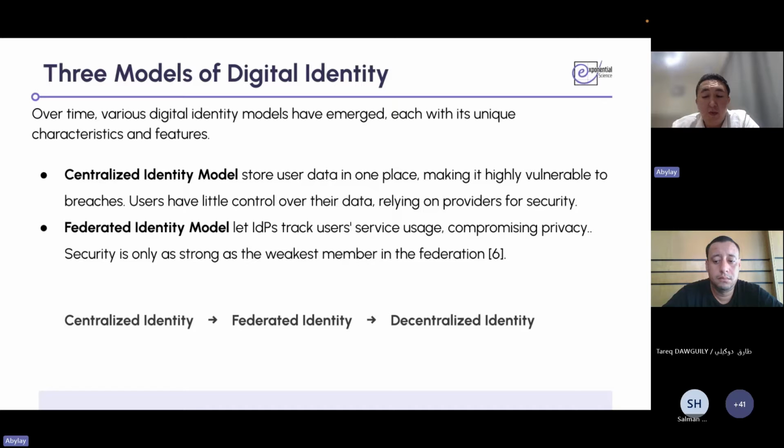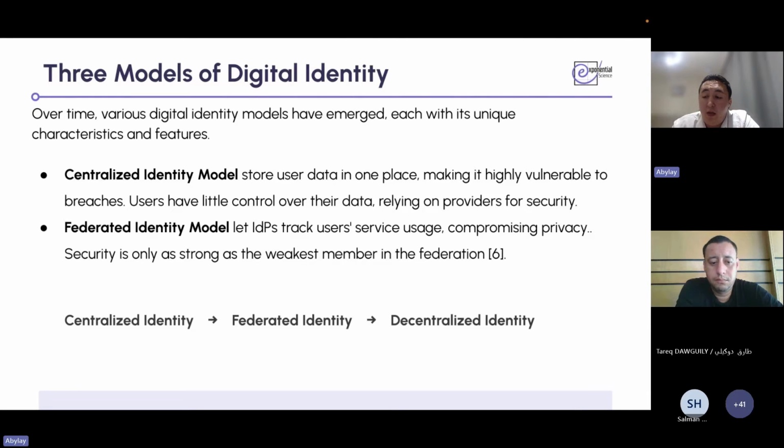For example, Google sign-in, which we still use. This is the current model that we are relying on, but there are some issues with it. Identity providers can easily track user service usage and compromise privacy. And security is only as strong as the weakest member in the federation.